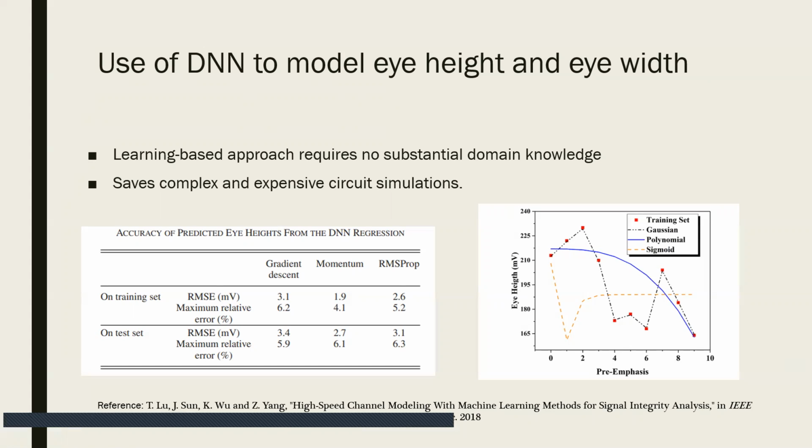It basically saves the complex and expensive circuit simulations. The plot on the right shows different training results for prediction of the eye height with different kernels in the machine learning.